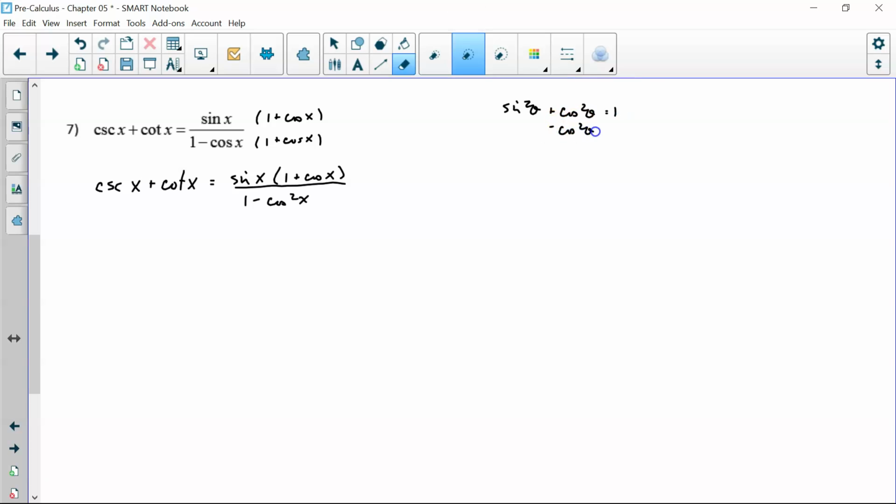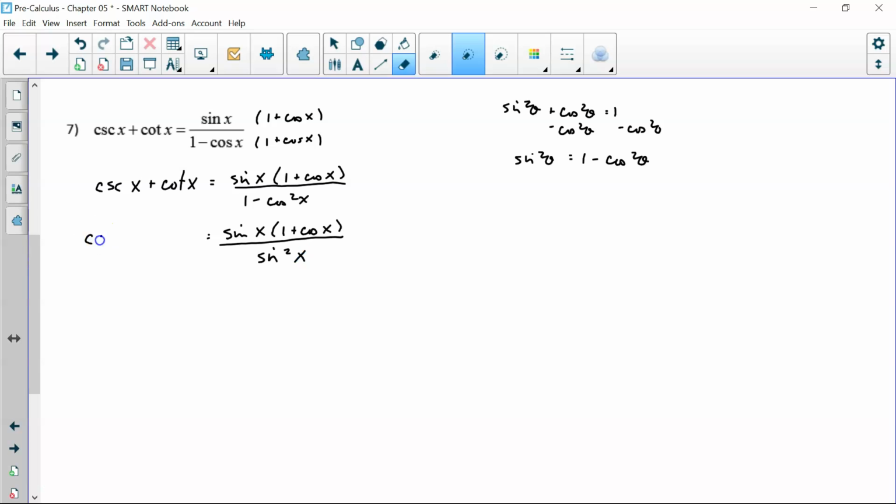Subtract cosine squared theta from both sides. So we get sine squared theta equals 1 minus cosine squared of theta. So now, instead of writing 1 minus cosine squared, we can replace that with sine squared. So my denominator, I'm going to have sine squared x.